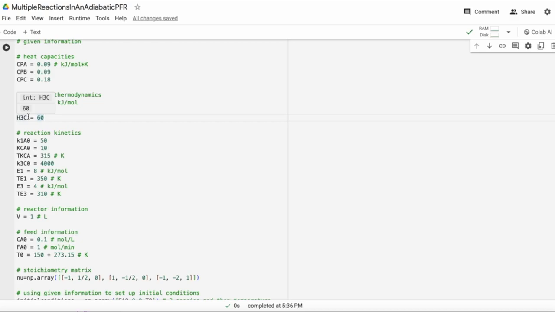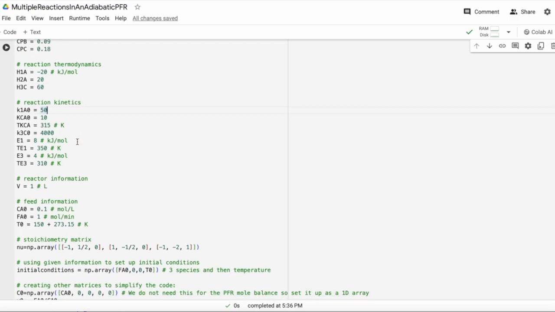I used stoichiometry to say if I have 2 moles of B for every 1 mole of C, then I would need to multiply the heat of reaction in terms of species B by 2 in order to get the same quantity in terms of species C. So that's what I've done here. And you can show this by writing out the units explicitly.